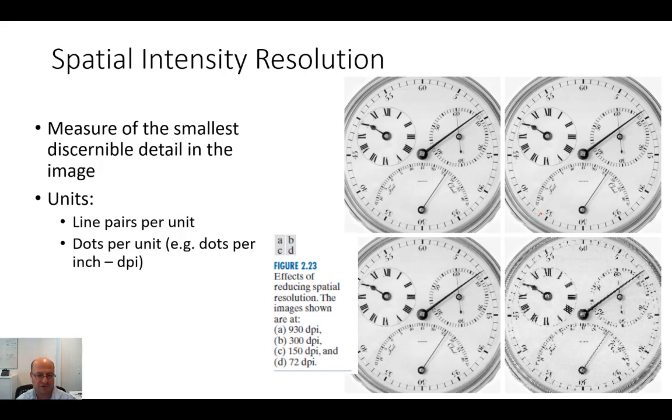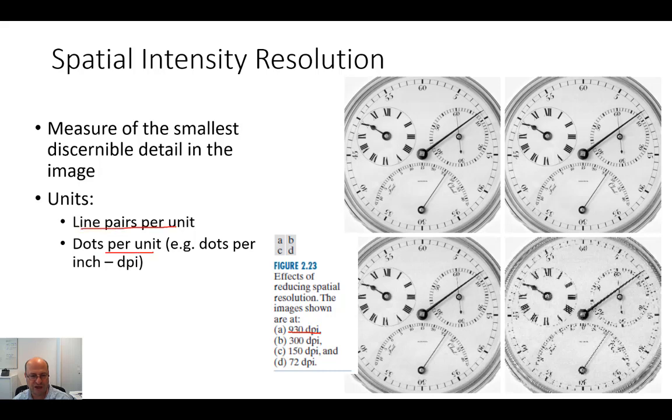Related to the concept of dynamic range is the spatial intensity resolution. This is a side product of the discretization of the image, as we've seen in a previous lecture. You can discretize it with a fine granularity, such as 930 dots per unit. That's dots per inch. DPI is dots per inch, or you can also use other units.